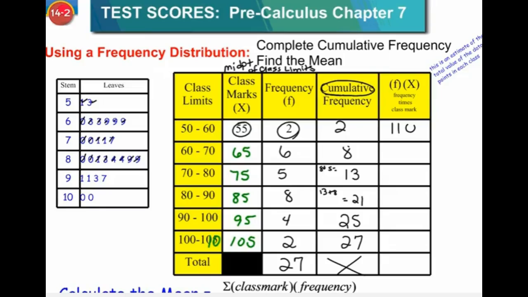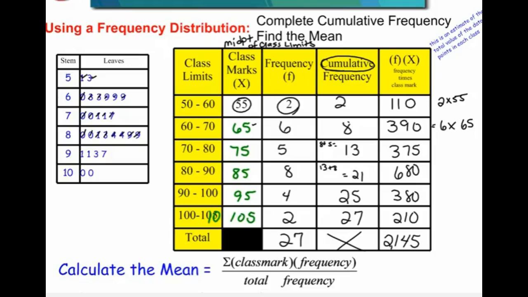So this would be 110 in value, 390, 375, 680, 380, 210, for a grand total of 2,145 if you took your calculator. Maybe you want to make a note to yourself, this was 2 times 55. This was 6 times the class mark of 65. Just so you can remember how you came up with that.